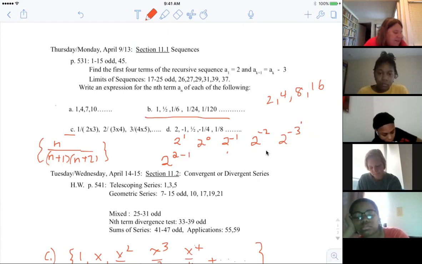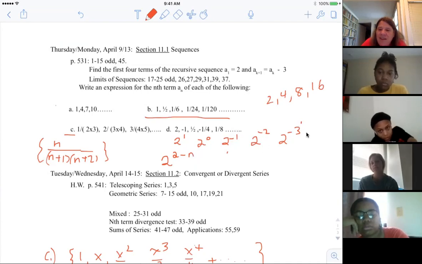Suppose I let that right there be an n. If n is 1, I get 2 to the first. If n is 2, I get 2 to the 0. If n is 3, I get what, guys? 2 to the -1. If it's 4, I get 2 to the -2. If it's 5, I get 2 to the -3.